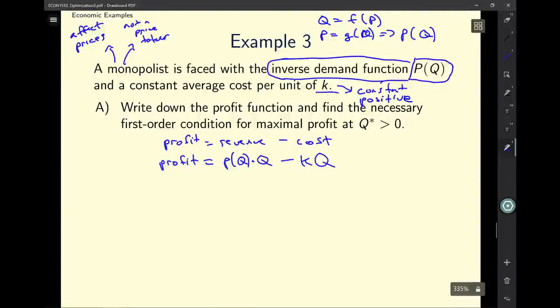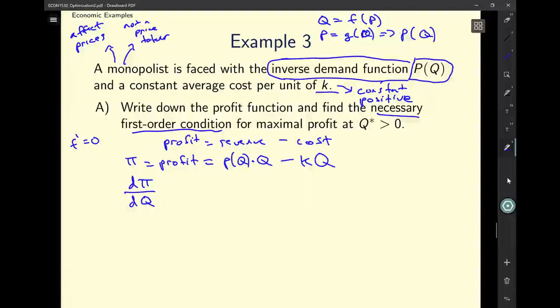Now we want to find the necessary first order condition for an extreme value. And we know the first order condition is that the slope should be equal to 0. So we're going to take the derivative of profit, and let me redefine it as pi. So we're going to take the derivative of profit with respect to Q. And we can see pretty clearly here that price is a function of Q. And so we've got to use our product rule here.